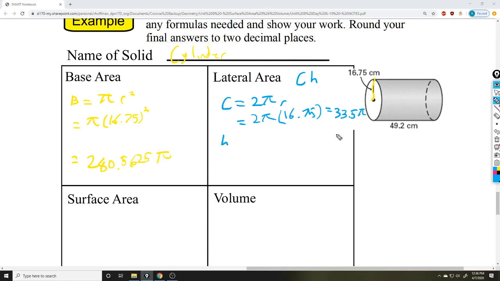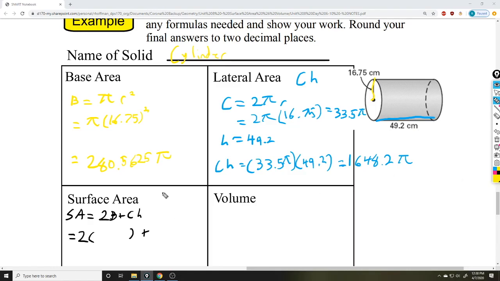Our height is our distance that connects the two bases together, which is this distance right here. Here it connects the base on the left with the base on the right. It's 49.2. That means the circumference times the height, multiply those together. Again, still leaving our answer in terms of pi until we hit our final answers for surface area and volume.